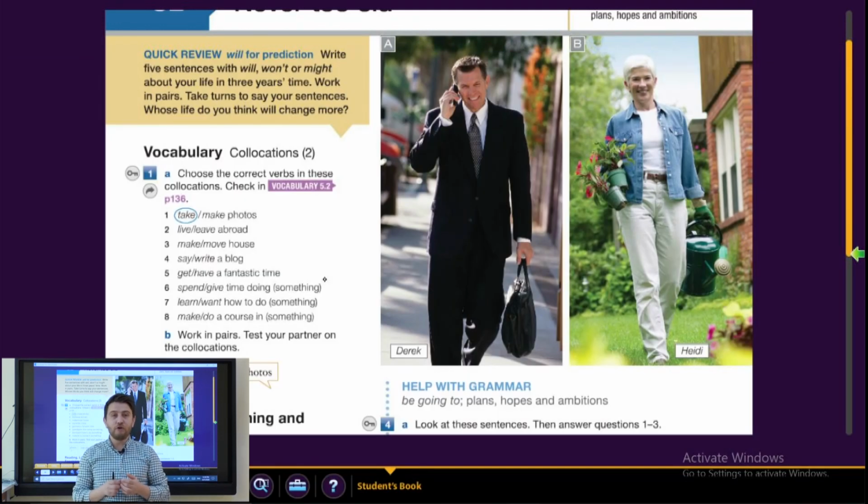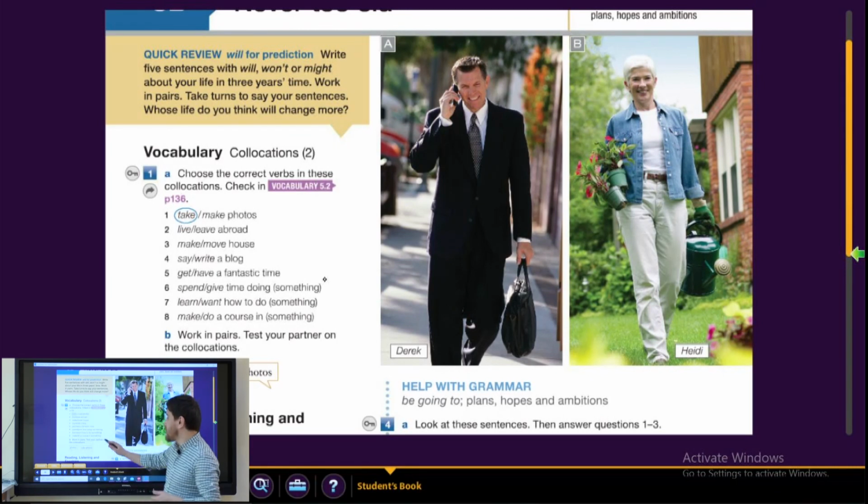And finally, we use the verb have for relations and also for activities. For example, right now I am having a lesson. Actually, you are having a lesson. I'm giving the lesson. Like maybe you have yoga lessons, maybe you have tennis lessons every week.